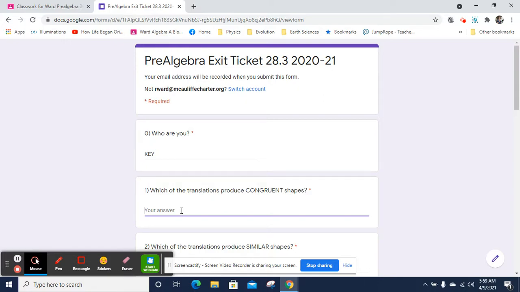Which translations produce congruent shapes? These are the rigid transformations. They don't change the shape's side and angle relationships in any way. So they are the translation, that's the slide. They are the reflections, that's the flips.